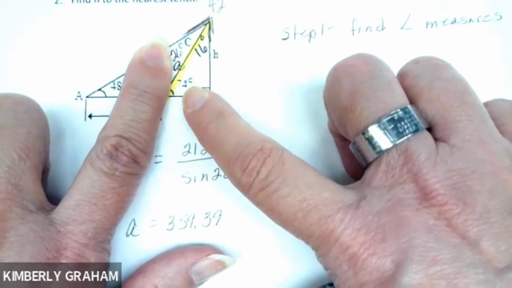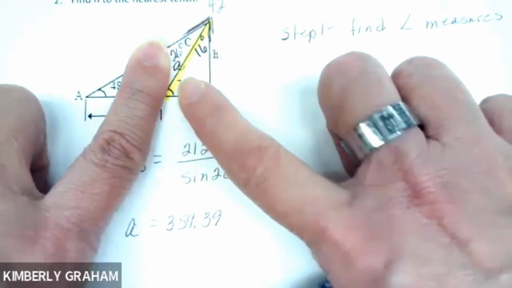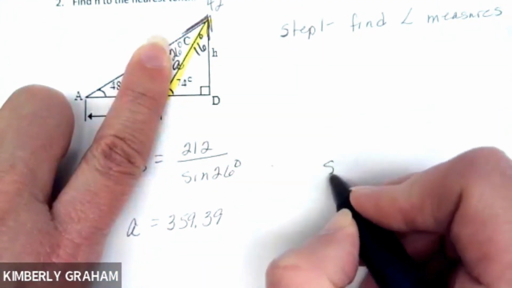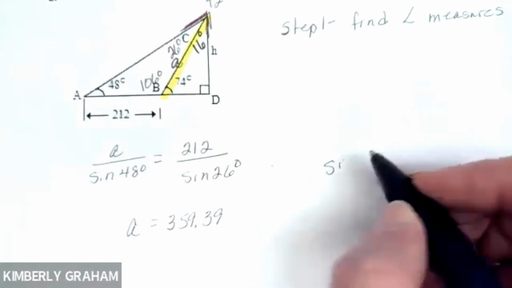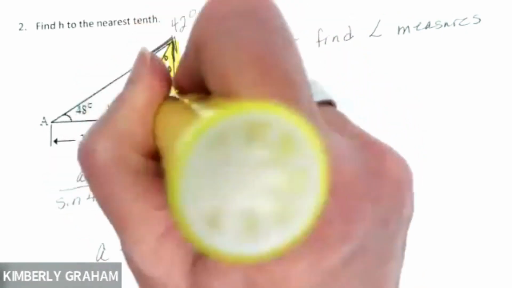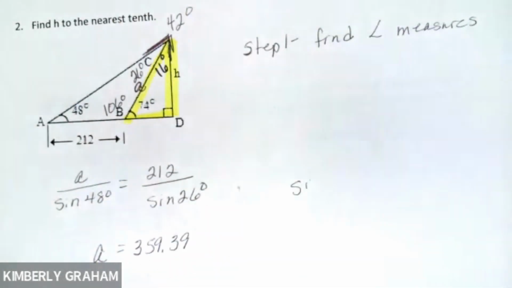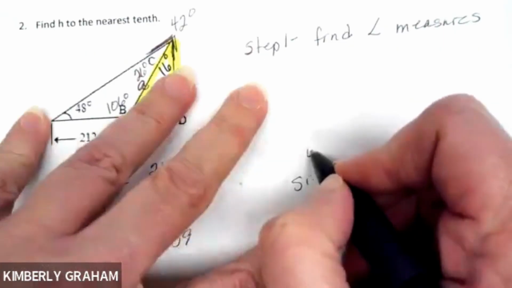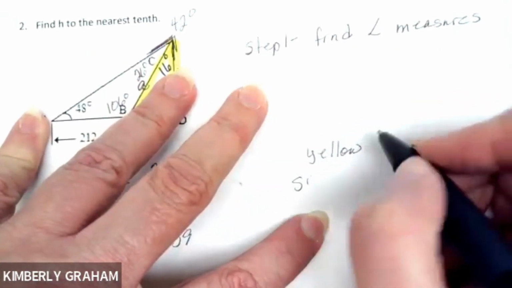Sine of 74 is opposite over hypotenuse. So I'm going to do the whole right triangle in yellow there, so I can label this from my yellow triangle, just so y'all can keep up with your notes.